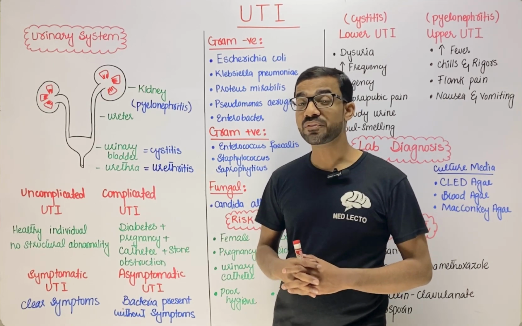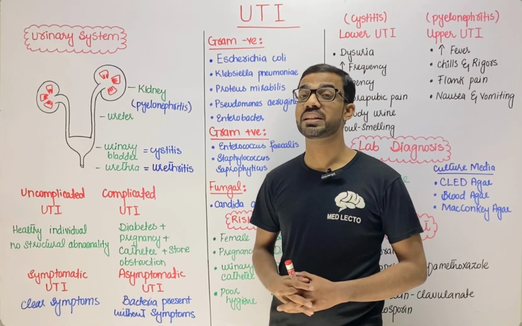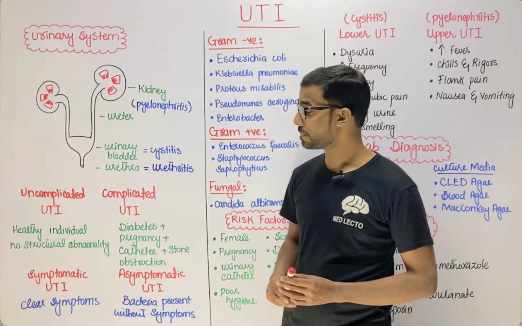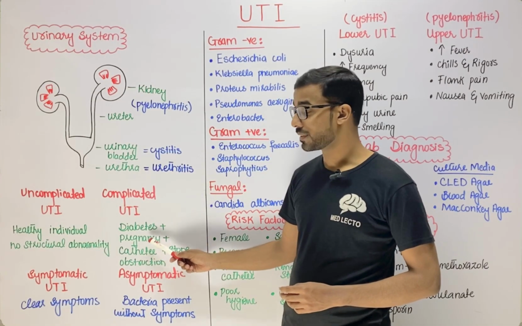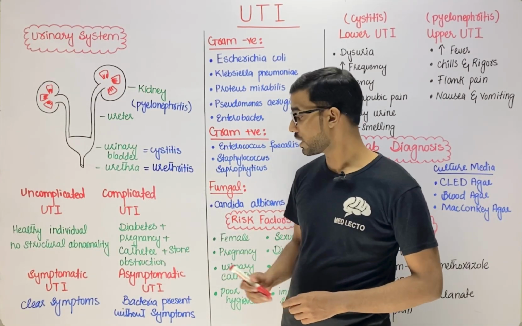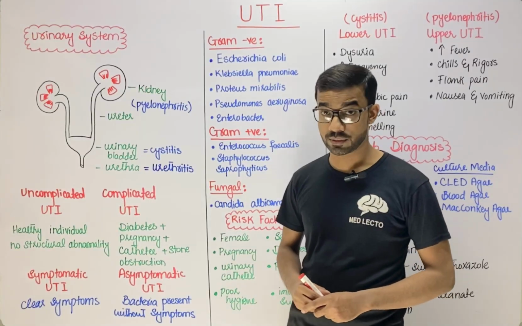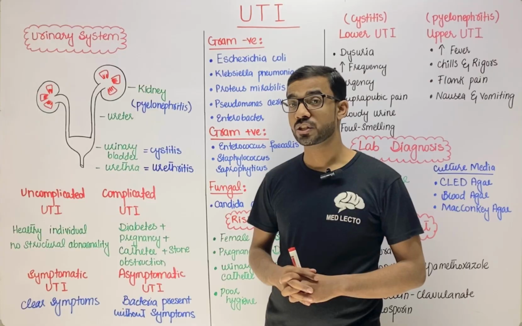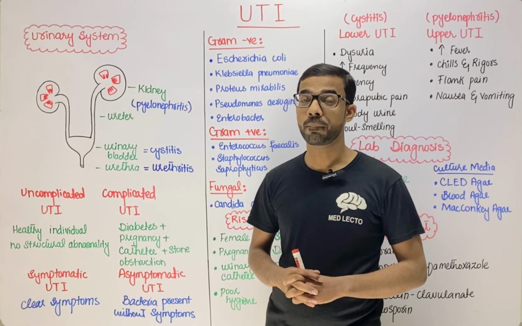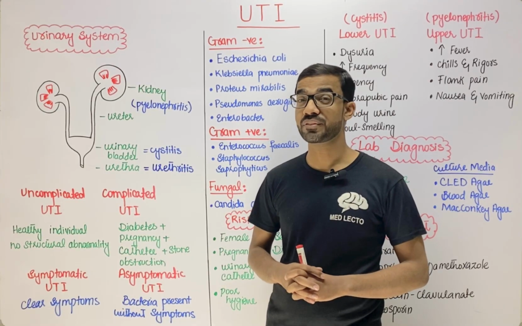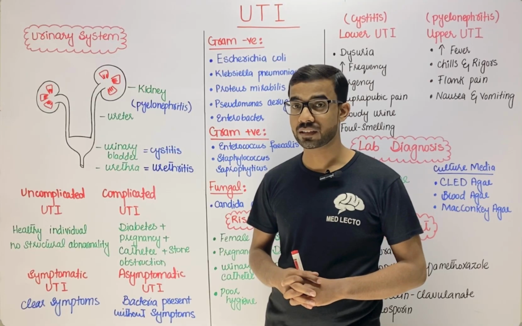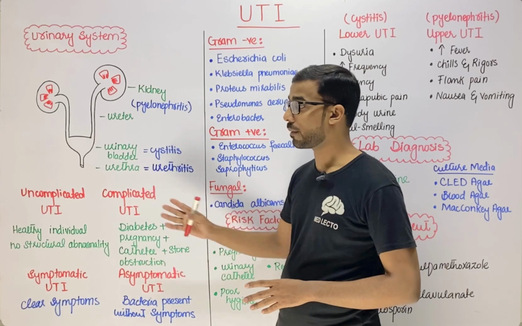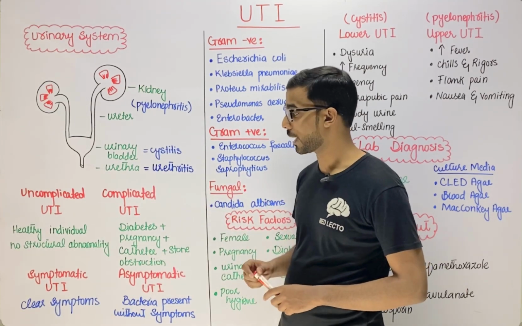But if UTI is associated with different conditions like diabetes, pregnancy, catheterized patient, and stone obstruction, in that case UTI is called complicated, and it is difficult to treat UTI in those associated conditions. So that's why we have categorized uncomplicated and complicated UTI.